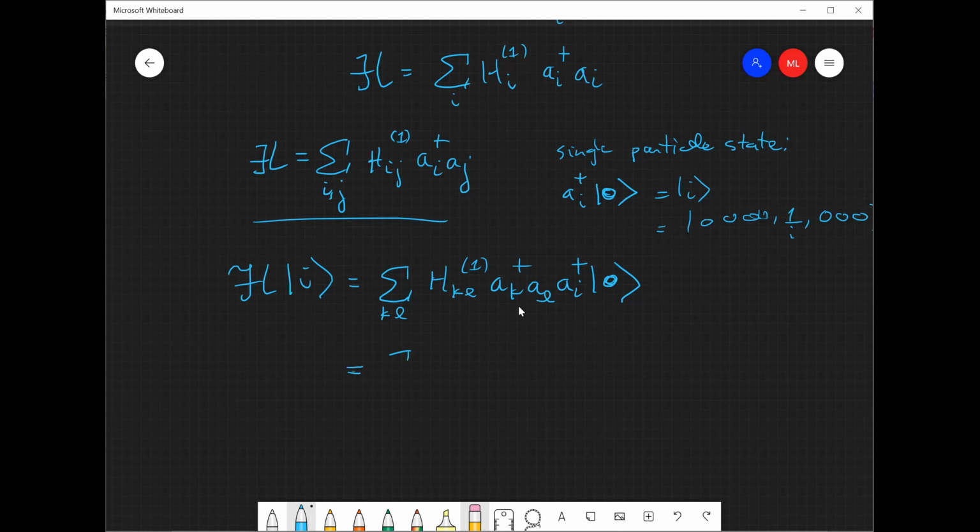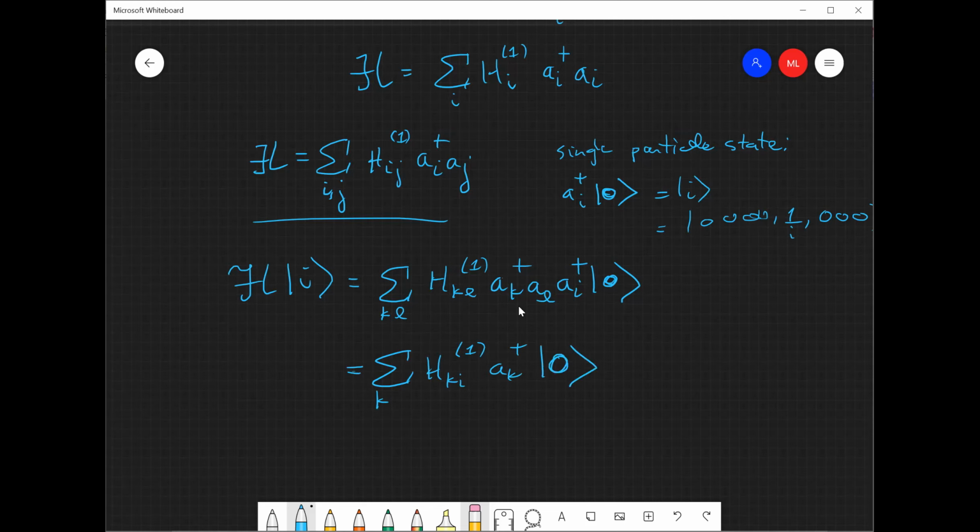So this thing is equal to the sum over K of H_KI times a_K dagger acting on the vacuum.